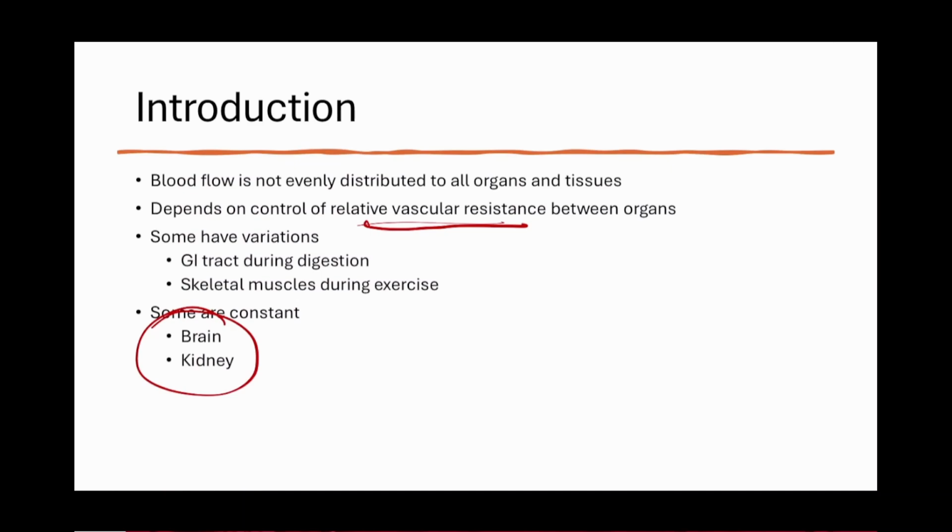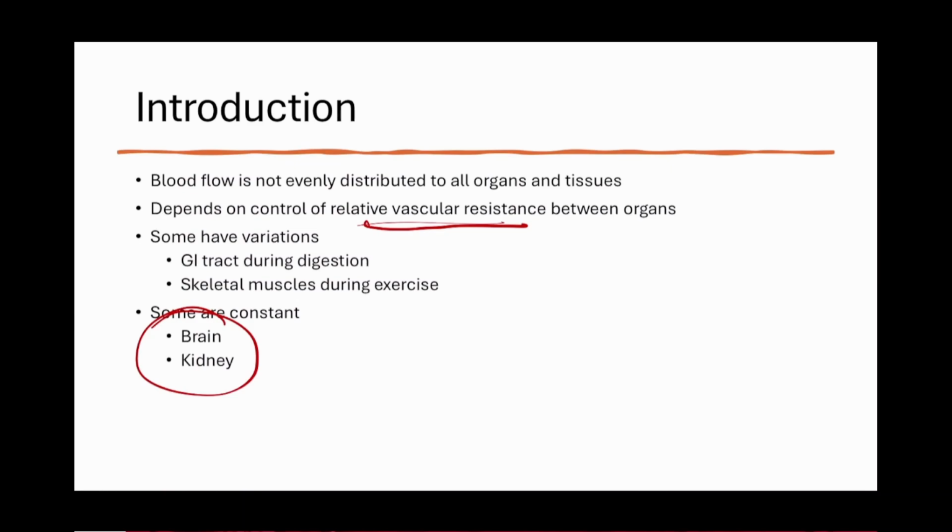So remember, we talked about how blood flow between the pulmonary and the systemic circulation is in series. The blood will travel through the systemic circulation, then it goes back to the heart, it goes to the pulmonary circulation, it goes back to the system. It's in series.